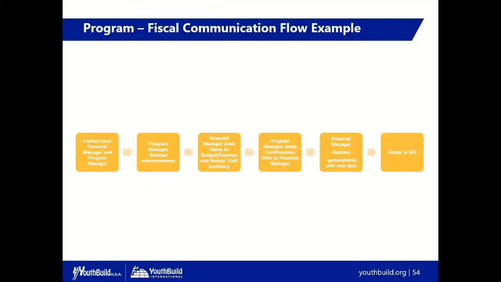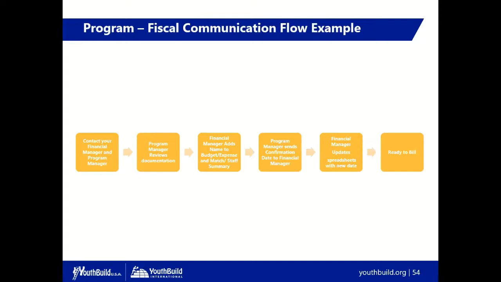So the program review process through the lens of a financial manager looks like this. You would contact both your program manager and financial manager about your new staff member. Your program manager will review that backup documentation you provided, and then your program manager will let us know directly if this person is cleared.